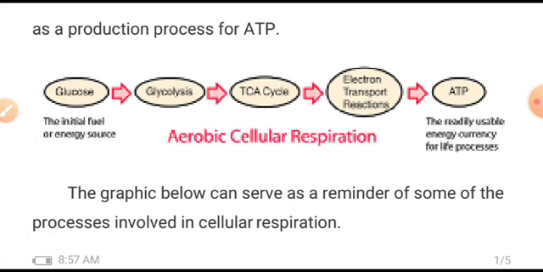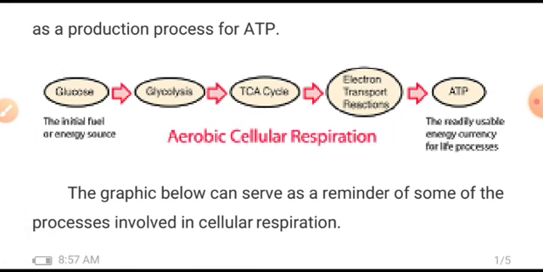In cellular respiration, glucose takes part in glycolysis, which releases pyruvate. Another stage is the TCA cycle, which is responsible for providing molecules of ATP.